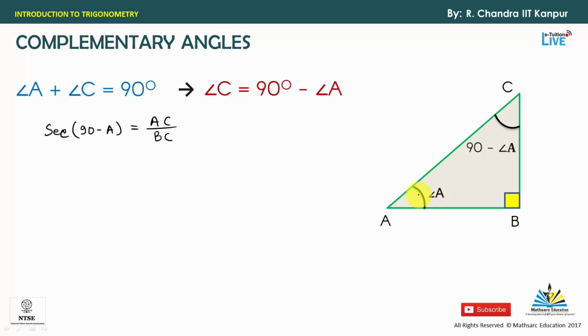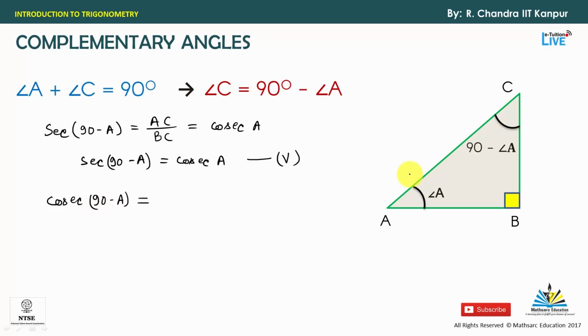With respect to angle A, AC upon BC becomes equal to cosec A. Hence, sec 90 minus A is equal to cosec A. So this is formula number 5. In the same way, cosec 90 minus A is hypotenuse upon perpendicular, that is AC upon AB.